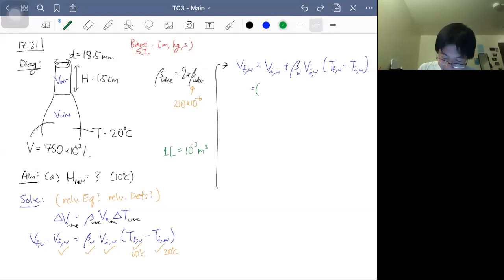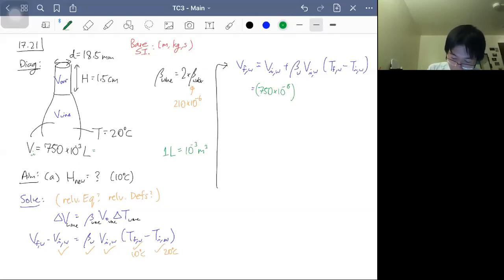So the initial is 750, just to emphasize that's initial, 750 times 10 to the negative 6 in terms of SI units, right? So negative 3 liters, just to be extra clear.